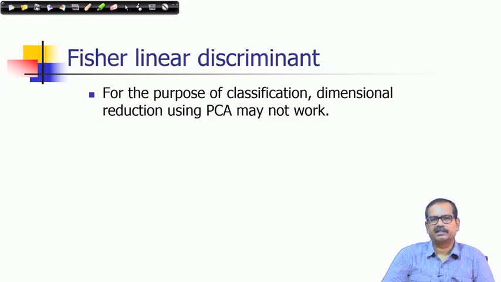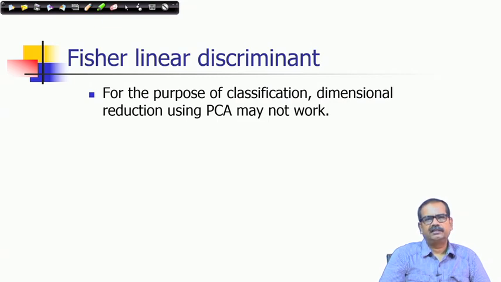be used for classification, but it is not necessary that the representations of those factors are efficient for classification, particularly if you are considering linear discriminant functions. So, we will be considering those kinds of dimensional reductions where this linear discrimination becomes simple.